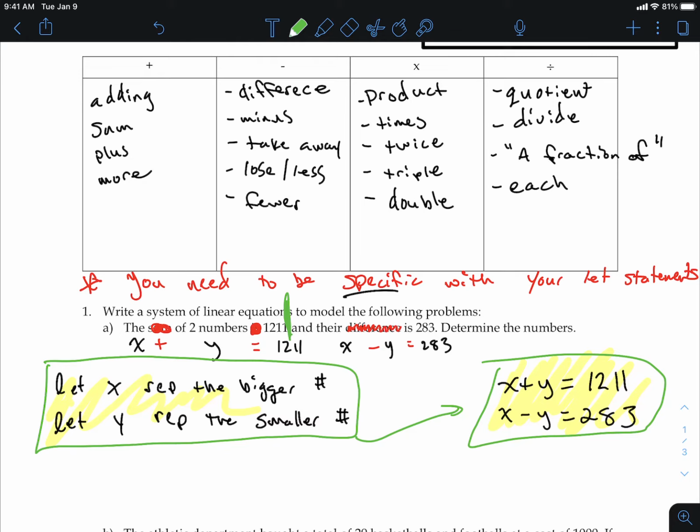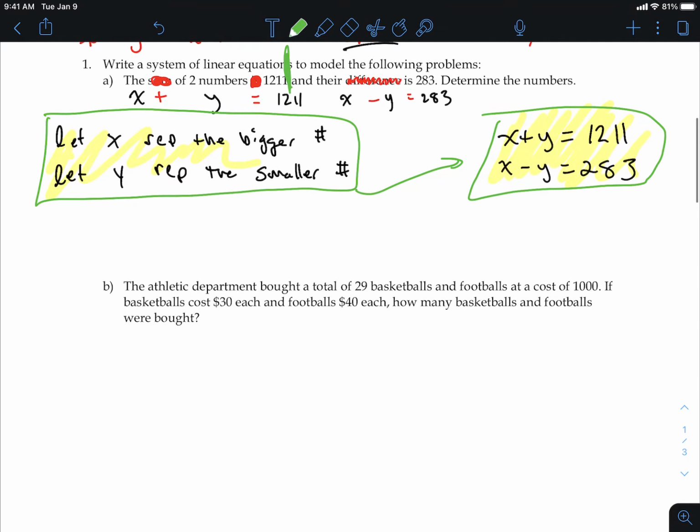But if you get to an answer and you can't contextualize what that answer means, then it's useless. You've done all this work and you can't answer what you set out to find. Make sense? Okay, so now we're going to kick it up a notch, and we're going to do 4 different styles of questions. I'll try and navigate you through these.